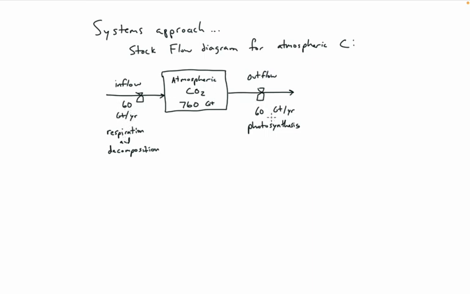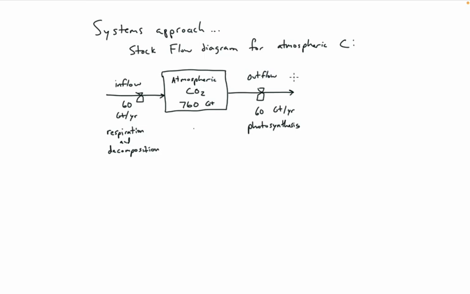And on the other side, it's the photosynthesis process that controls how much CO2 comes out of the atmosphere for the terrestrial world. There's different processes. We could add transfers from the ocean or fossil fuels and other things like that. But for now, we're just keeping it really simple.